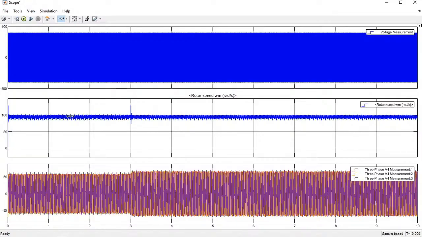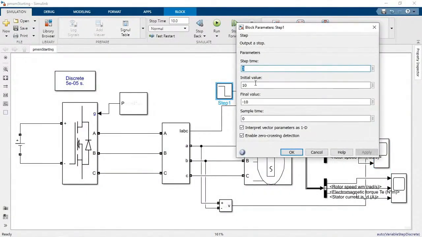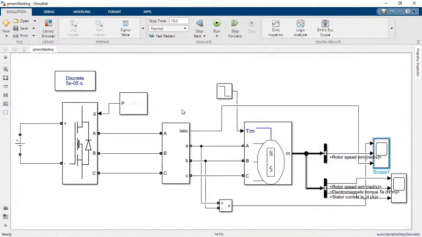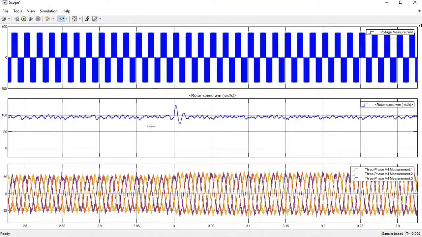See here, the motor is a constant torque machine. Whenever the torque changes, initially the value is 10, and then at step time 3 it becomes minus 10. During that period, see here, there are speed oscillations, huge oscillations.